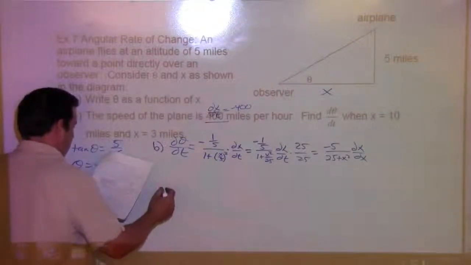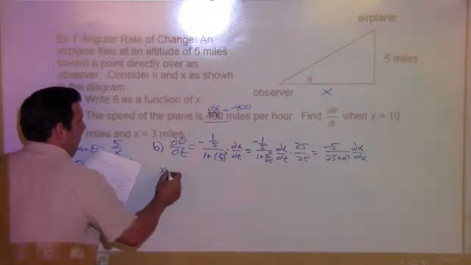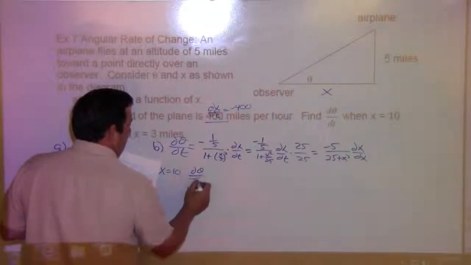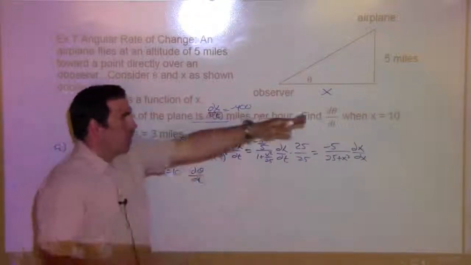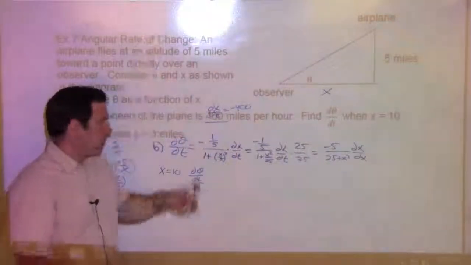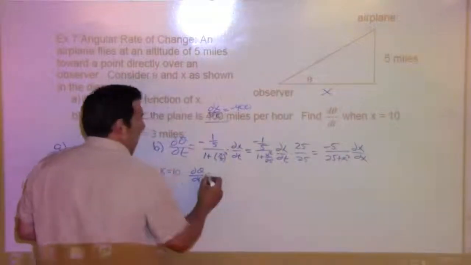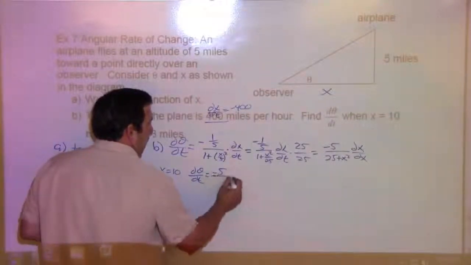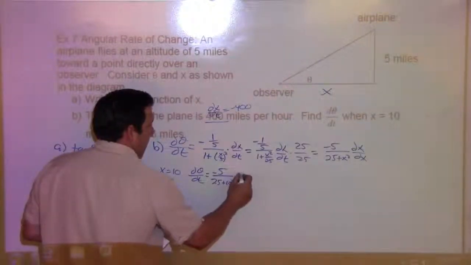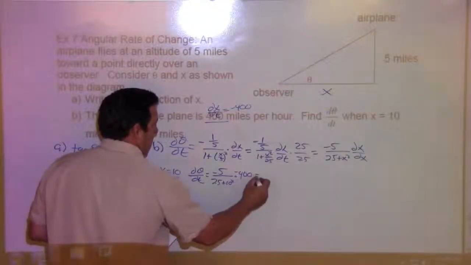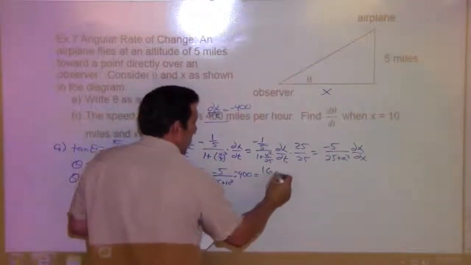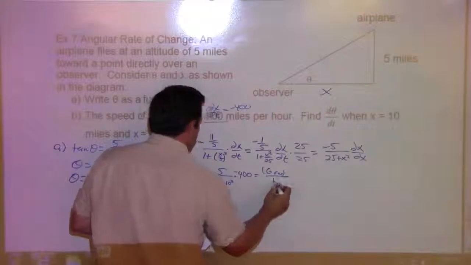Okay, let's see. For x being 10 miles away, our d theta dt, how the angle is changing, and as that gets closer, you're looking out there, the angle's getting bigger and bigger. It's going to be negative 5 over 25 plus 10 squared times negative 400. And that's going to be 16 radians per hour.